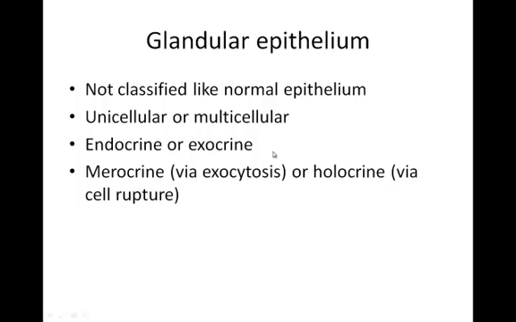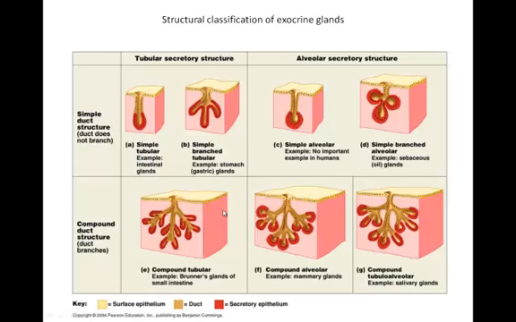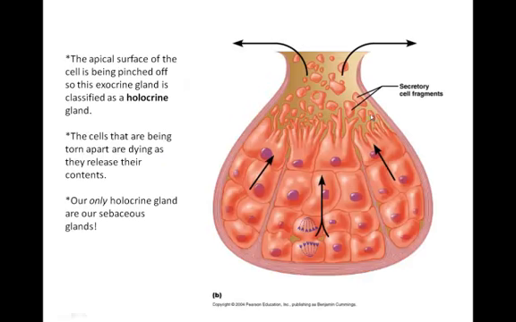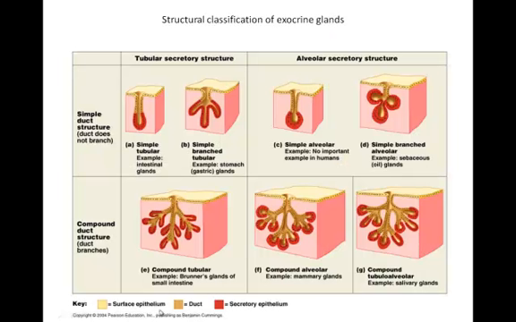Sebaceous glands are your oil glands, and they secrete by rupturing their cells, so we call your sebaceous glands holocrine glands. I'm going to come back to that slide. So most all of your glands secrete this way by exocytosis, but your sebaceous glands secrete this way. They're holocrine glands.